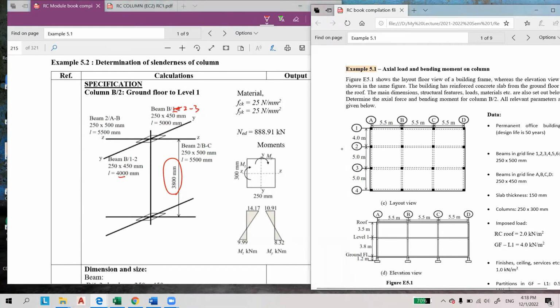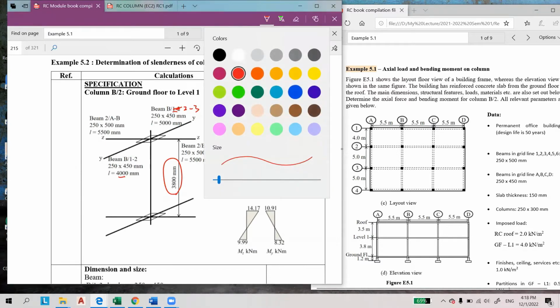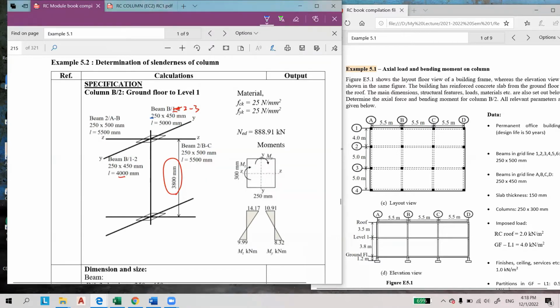The size along grid line B is 250 times 450. Please take a look at the depth of the beam because it will contribute to a different effective height. For this beam from 2A to B, the section is 250 times 500 and the length is 5.5 meters.